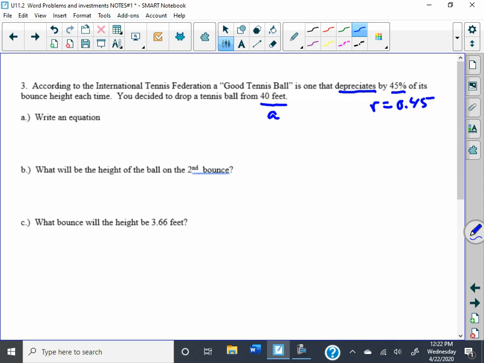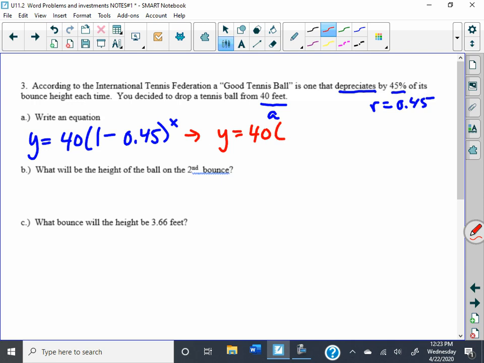All right, so plugging that into our equation, y equals 40 times 1 minus 0.45 to the x power. Now we want to clean this up a little bit. Inside 1 minus 0.45, so 40 times 0.55 to the x power.